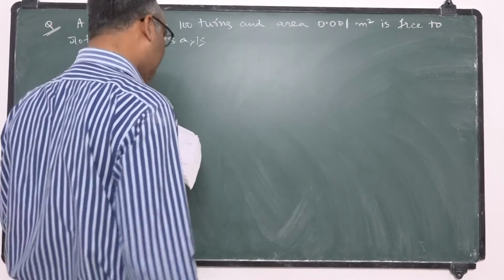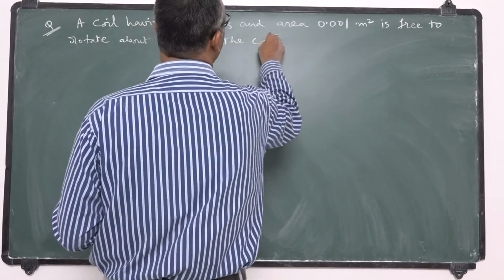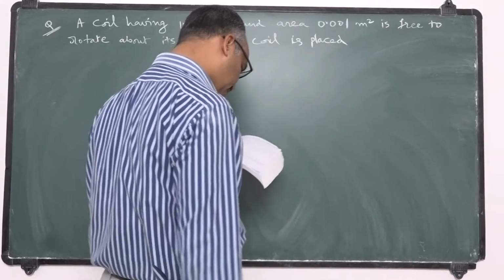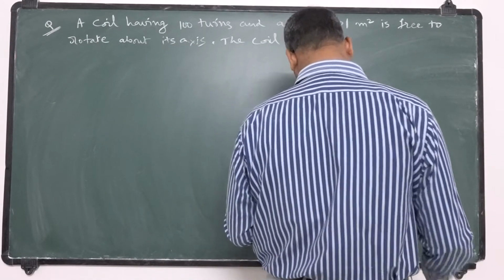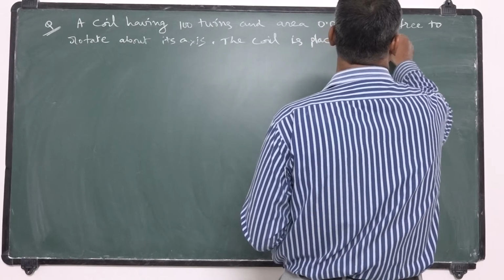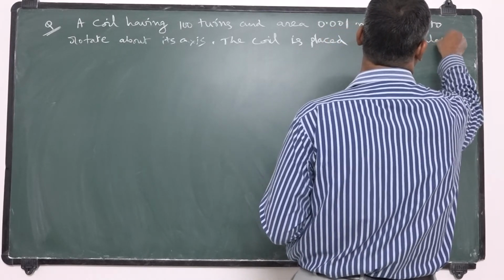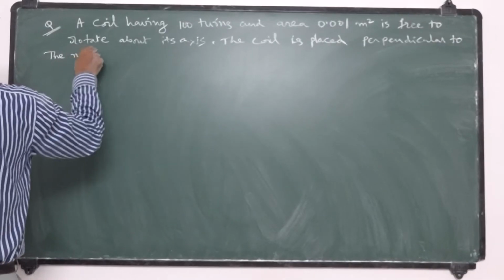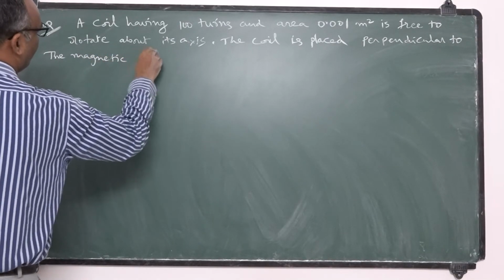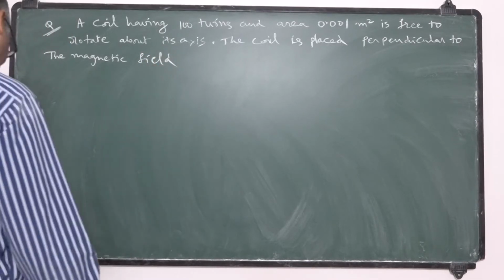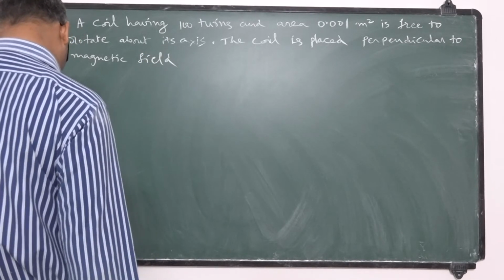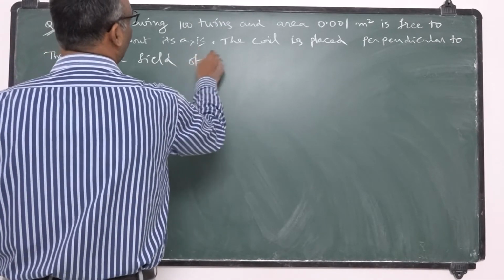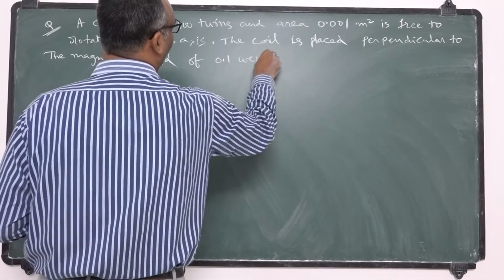The coil is placed perpendicular to the magnetic field of 0.1 Weber per meter square.